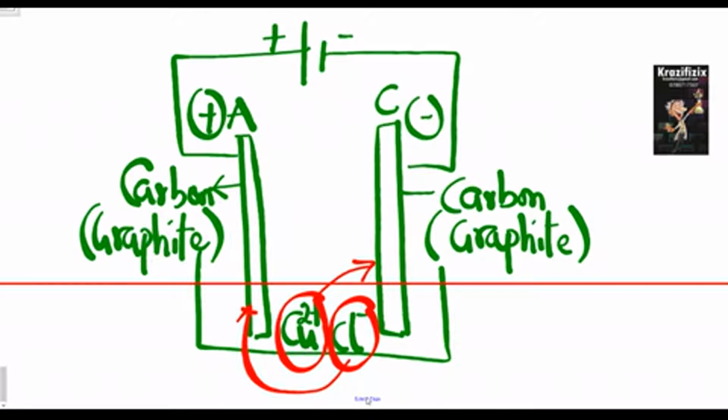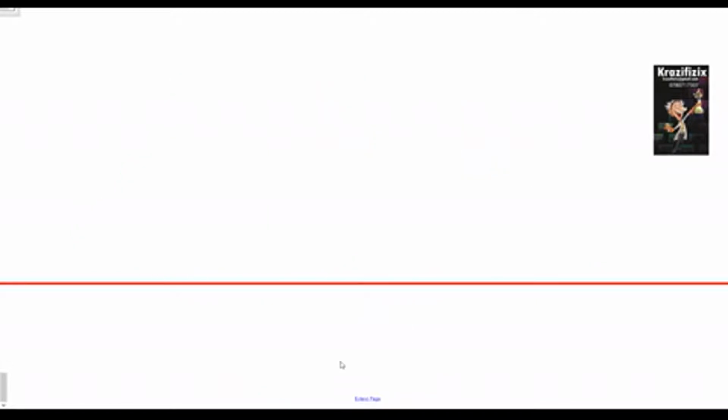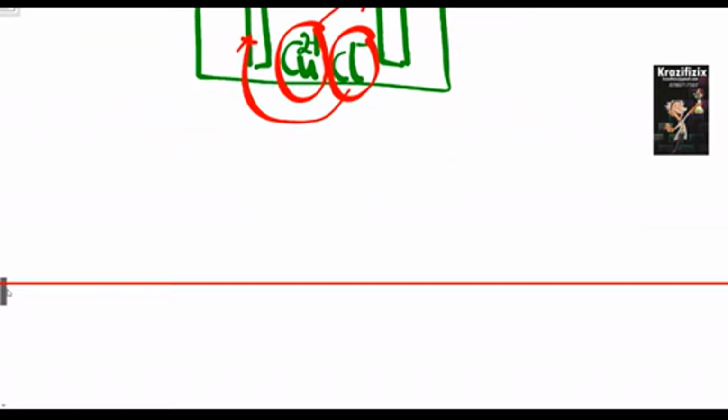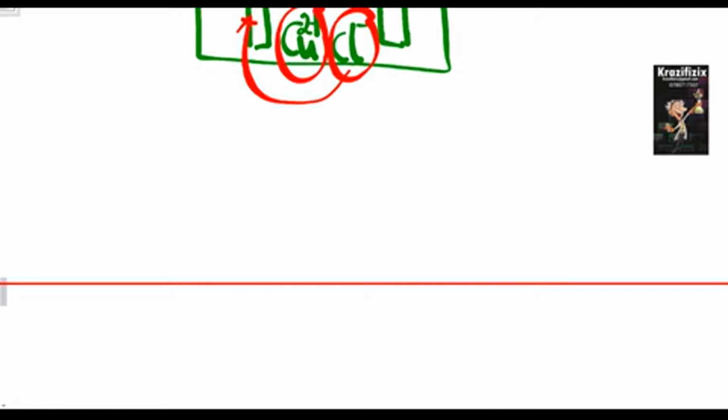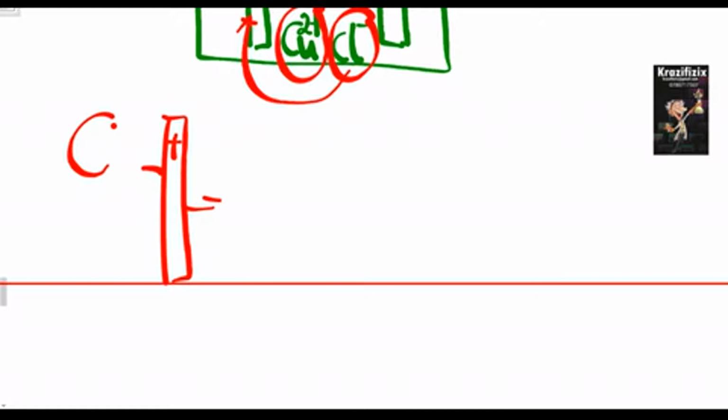Now, at the anode, I want us to see what we are going to have at the anode. Remember now we no longer have copper there, we have carbon. We have carbon electrode. So let me just do this. It's positive, and this is carbon, and we have what? Cl minus.